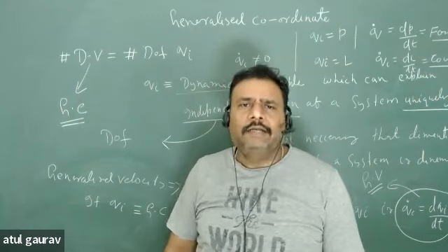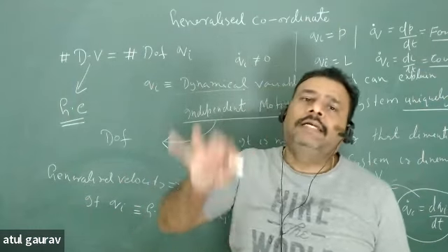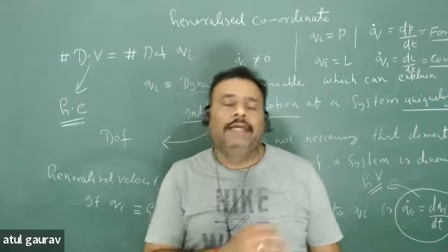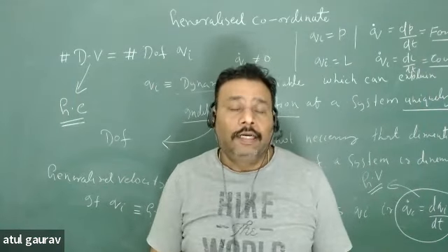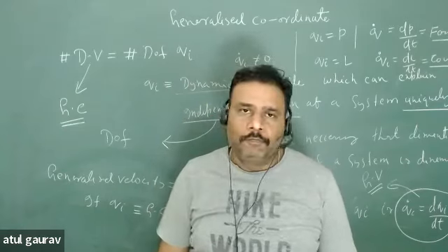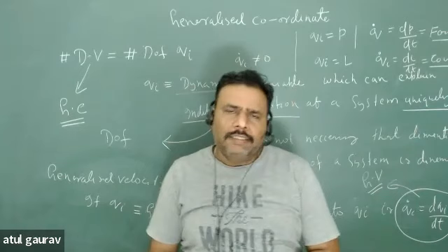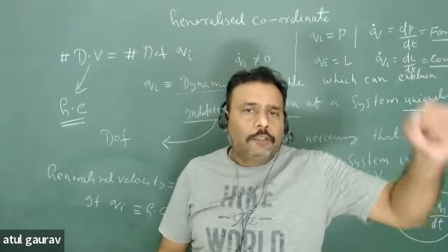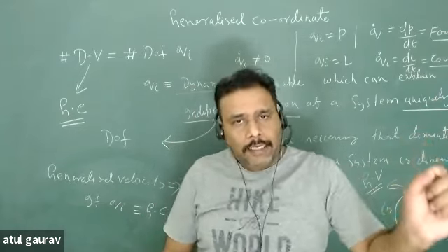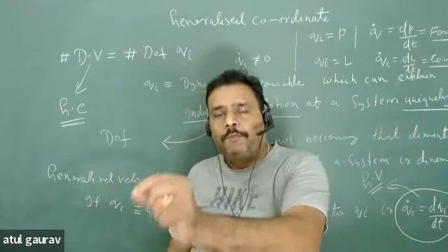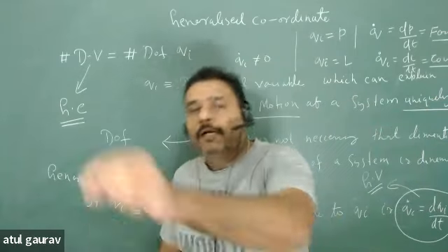The thing is whether the dynamical variables we have taken are able to explain the independent motion of a system or not. And why are we using the word uniquely? Uniquely means if qi or q1 is one generalized coordinate, it must be associated with one particular degree of freedom.